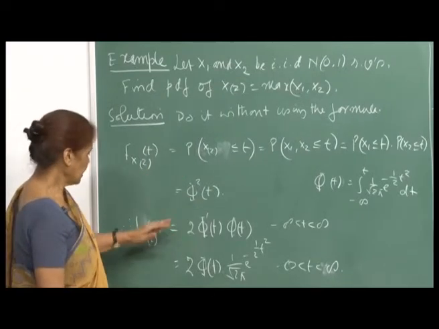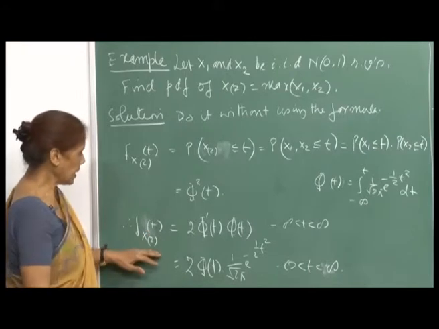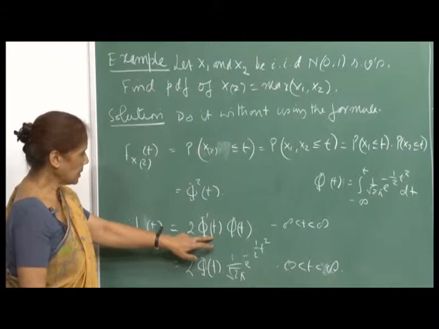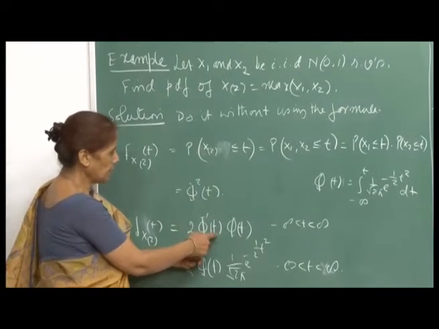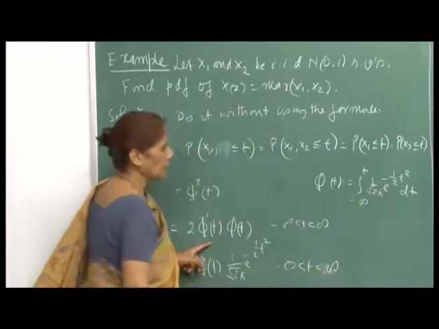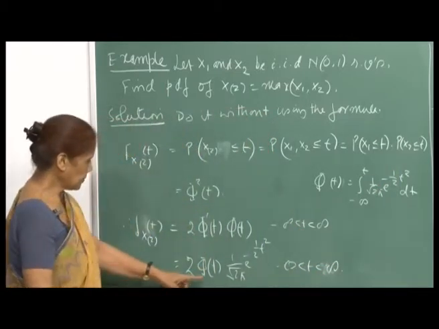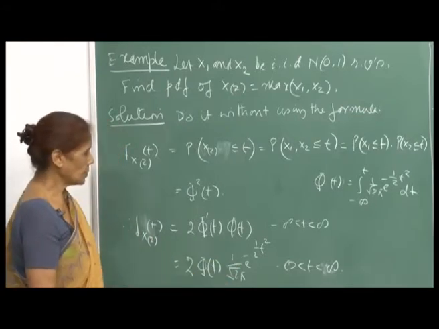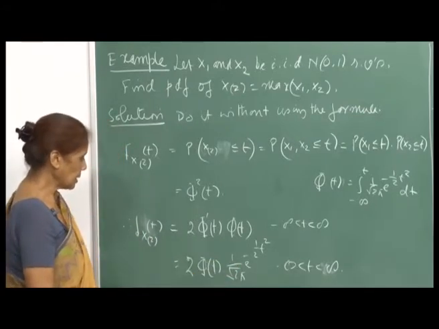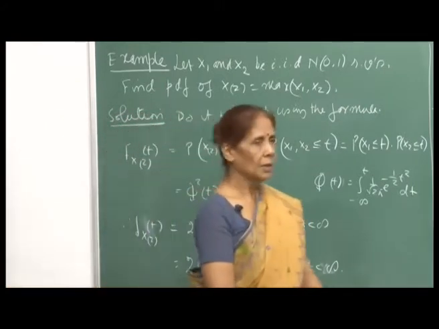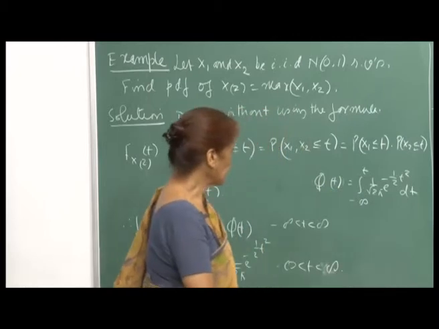Then if you want to find the PDF, just differentiate this, which would be twice phi t times phi prime t. Phi prime t is nothing but the normal PDF, which is given by this. So it will be twice phi t into 1 by root 2 pi e raised to minus half t square, with phi t being the integral from minus infinity to t. This one you can then integrate and find out whatever probabilities you are interested in.